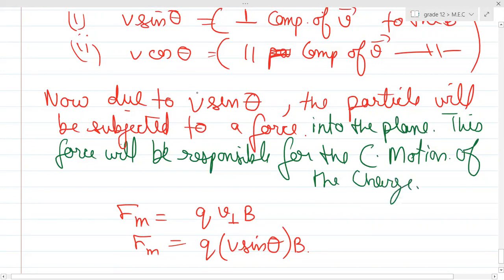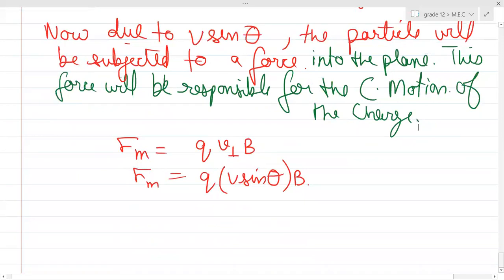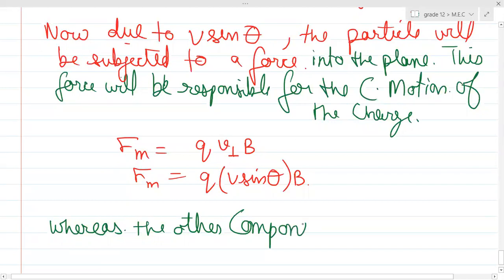Yes or no, guys? Are you understanding? One component of the velocity is giving you the circular motion. Whereas the other component, v cos theta, doesn't experience any force.